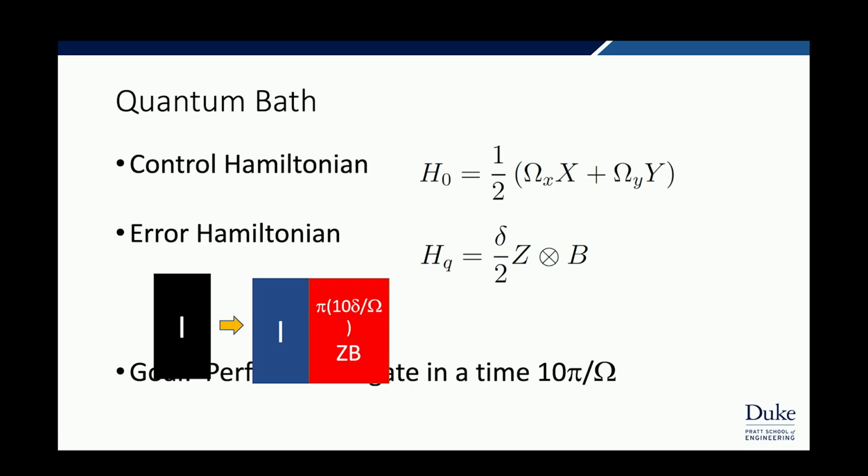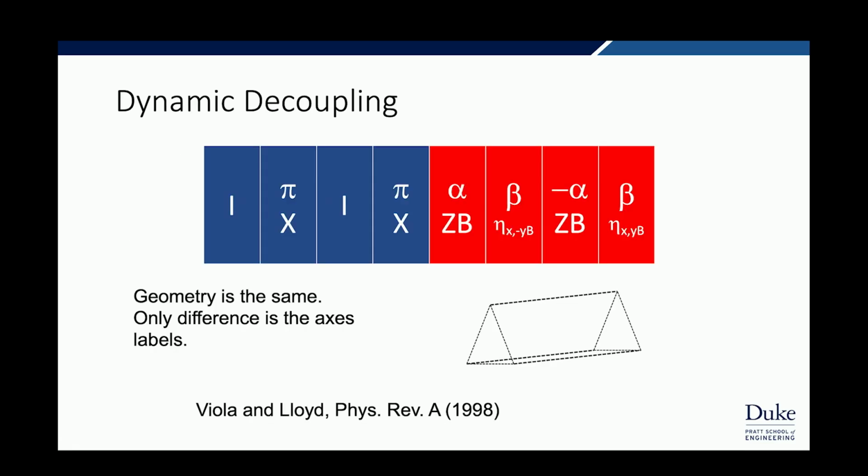It could be anything. This same trick works because the math is exactly the same. The only thing that's changed is that the alpha axis, instead of pointing along z, now points along z tensor Bath.